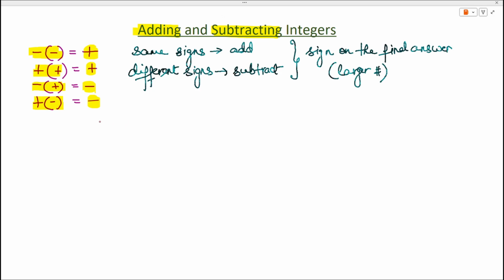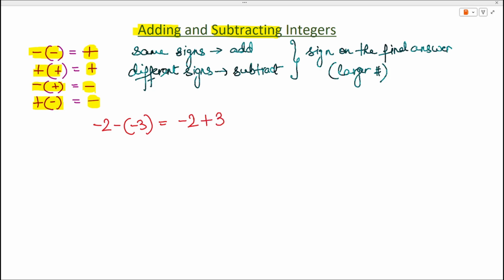So let us say we want to do -2 subtract -3. First, we'll get rid of these two signs side by side. So -2, and negative of a negative is positive 3.